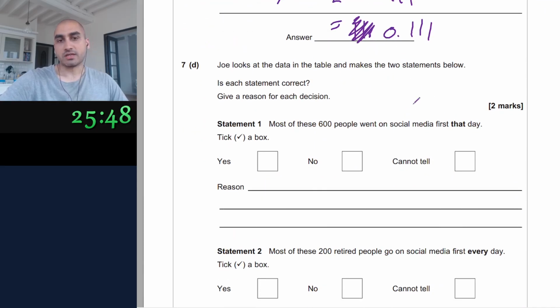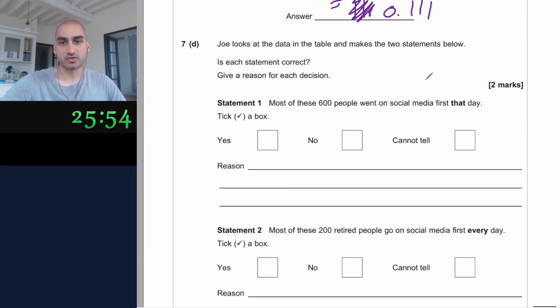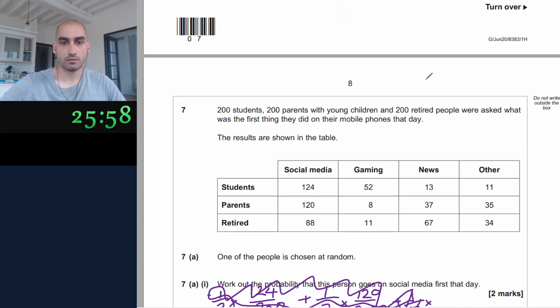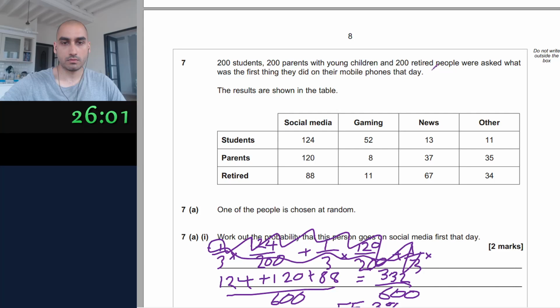Joe looks at the data in the table and makes 2 statements below. Is each statement correct? Give a reason for each decision. Most of these 600 people went on social media first that day. Most. What is meant by most? More than 50%? This is ambiguous, isn't it?